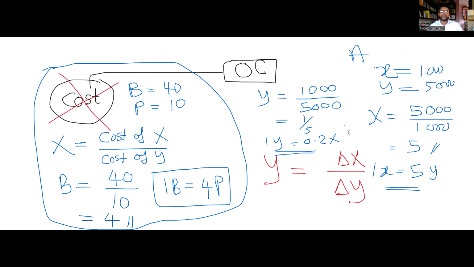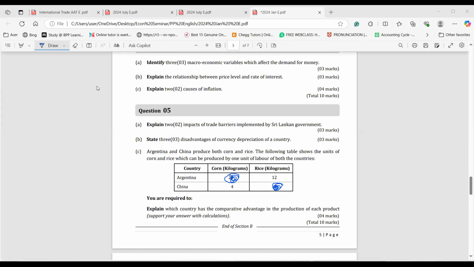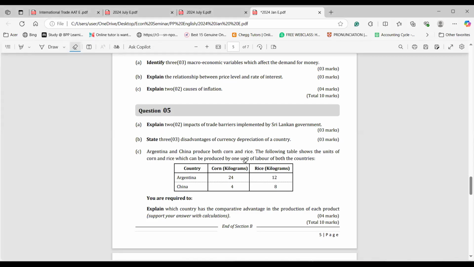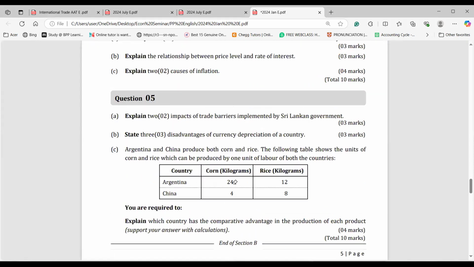Let's quickly look at the past question paper. Calculate opportunity cost of each product in each country.